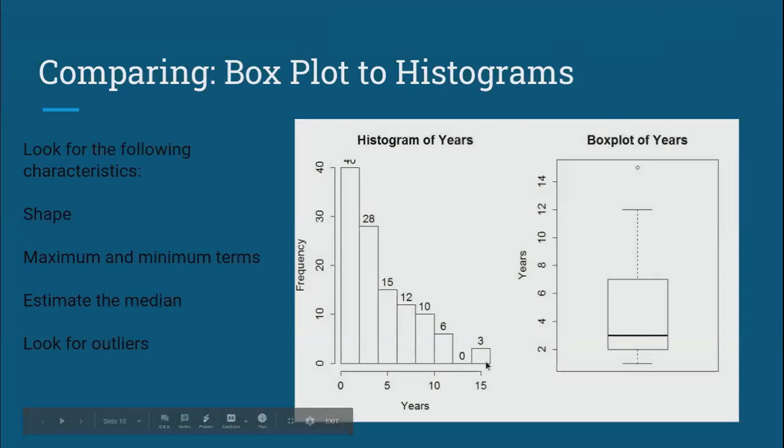We would have to know that these are moving by 2s: 2, 4, 6. So 5 is in between 4 and 6, then 8, 10. Okay, so now we know that if we had a group of box plots, this is the one we want, because this is moving by 2s.